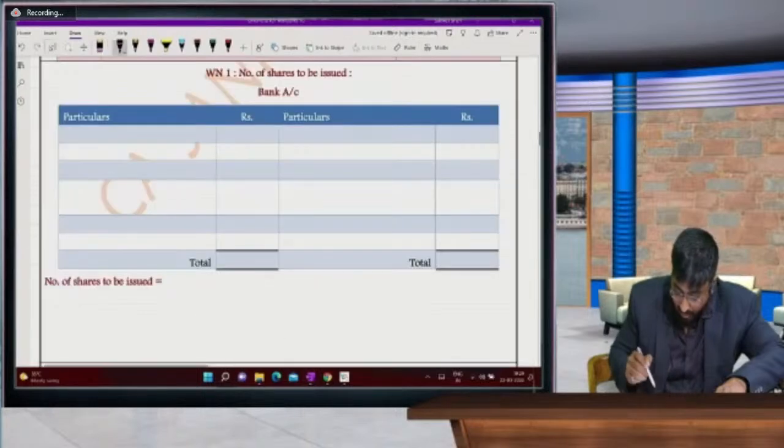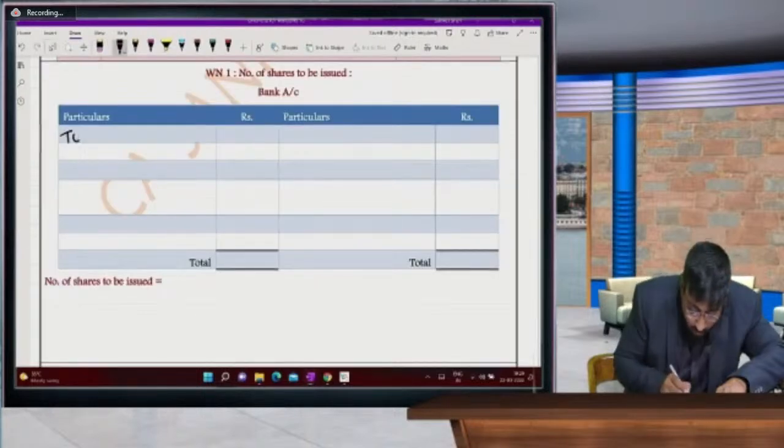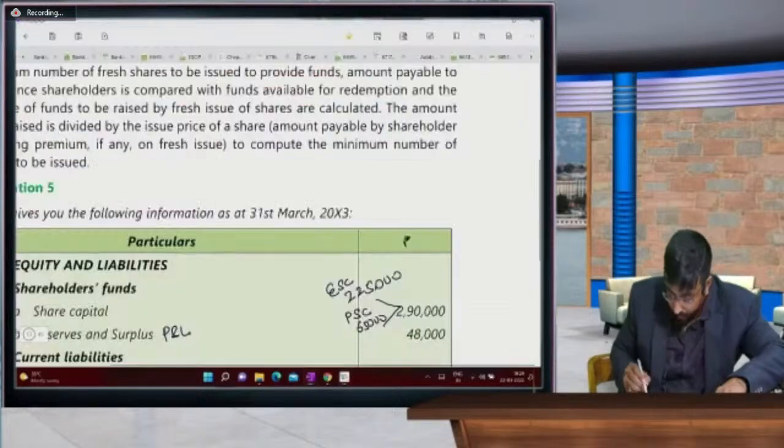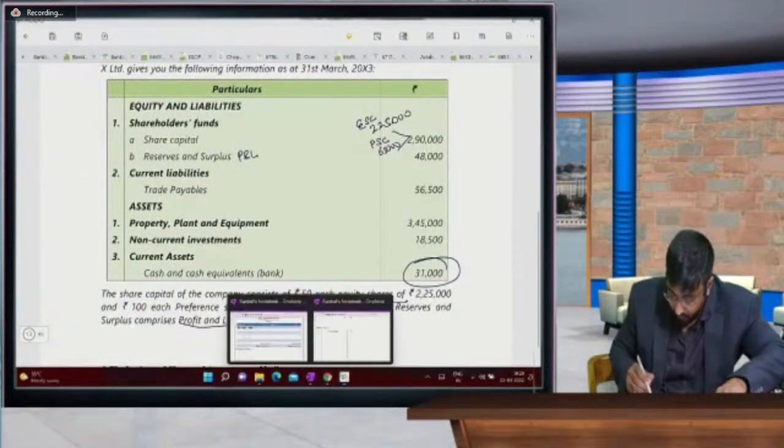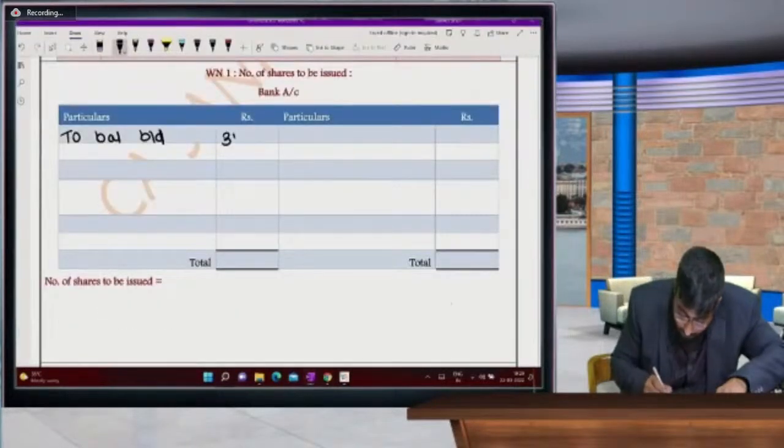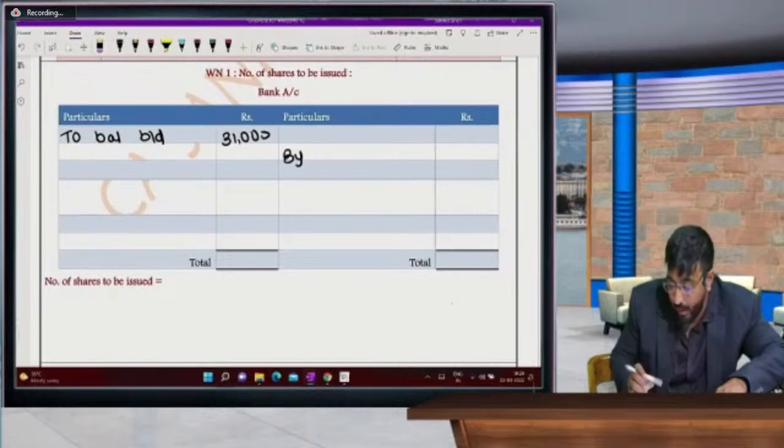So bank account, to balance brought down 31,000. Second line, don't write anything in front of to balance brought down.